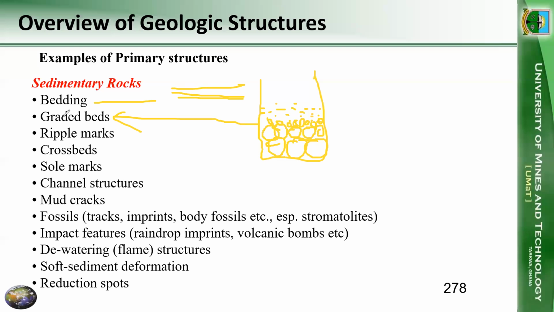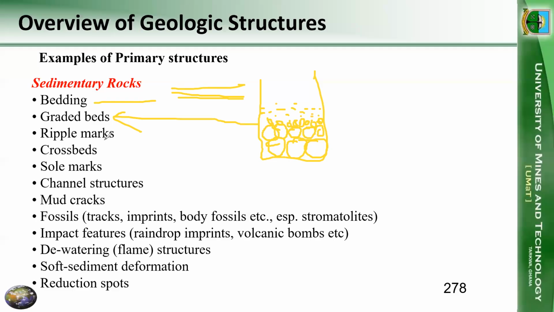At least you should know some of them, like bedding, graded bed, which I explained here, ripple marks, cross beds, then fossils, dewatering structures, features like raindrop imprints, volcanic bombs.